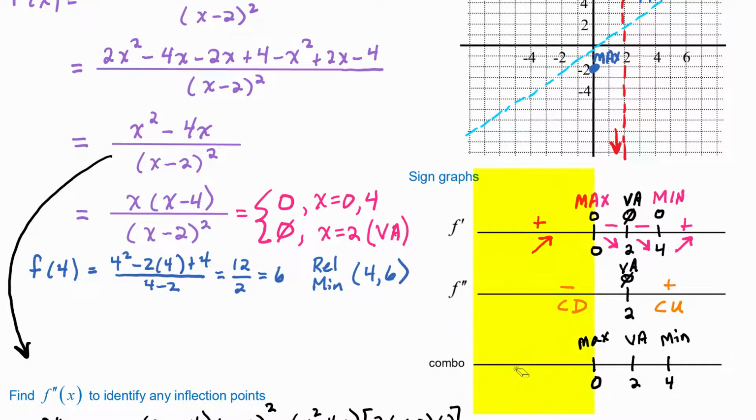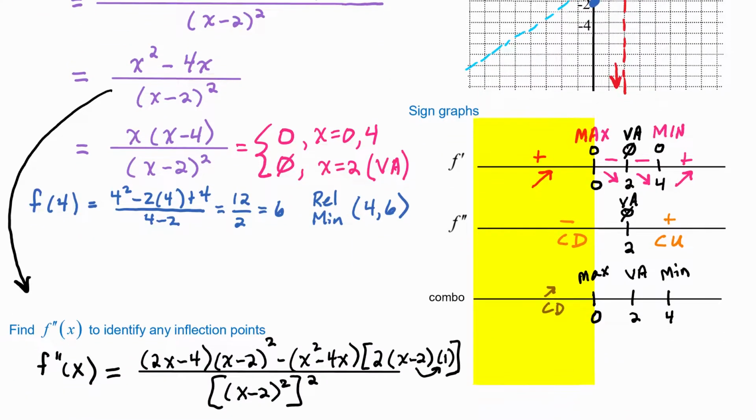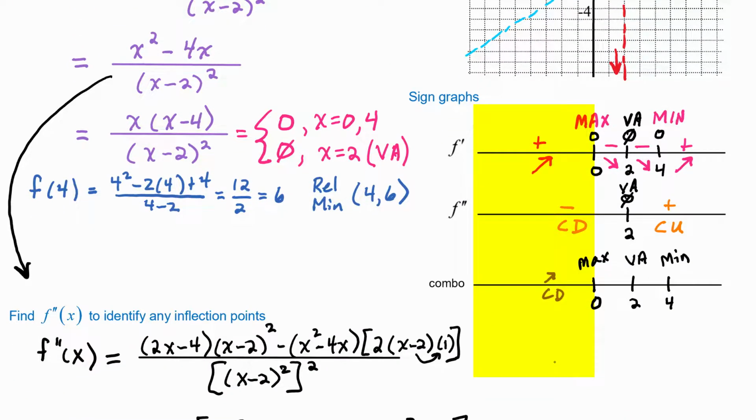Now, from negative infinity to 0, the graph is increasing and concave down. So we know that that's going to have to look like this. Then from 0 until 2, the graph is decreasing and concave down. So that would have to look like this. We know there's going to be a vertical asymptote here separating things.